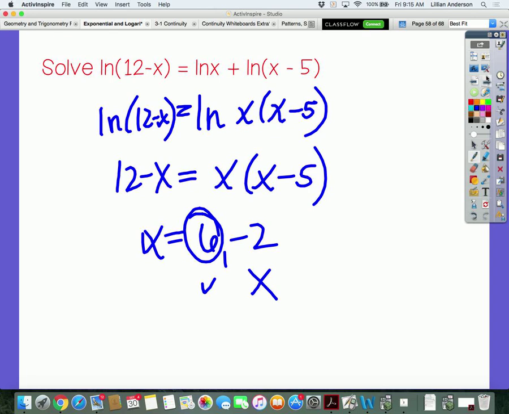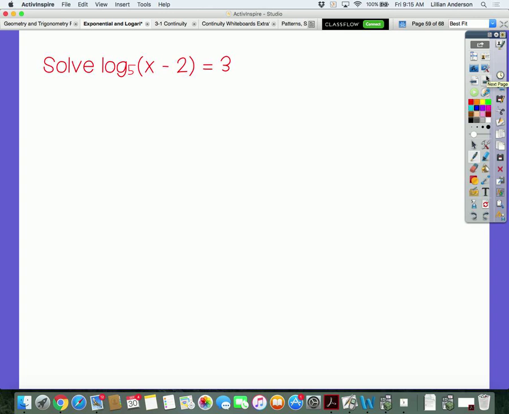So then we got two more. This one I was saying is like a baby medium one. Okay? We got log base 5 of x minus 2 equals 3. Now, unlike the other two, this one only has one log on one side and a number on the other side.